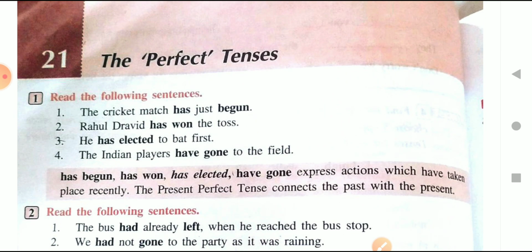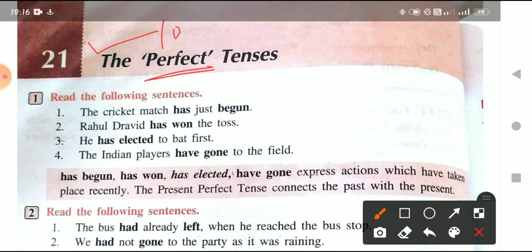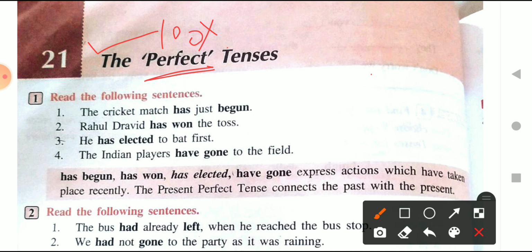Now let's move on to the perfect tense. So now the topic that we are going to cover here in this video is the perfect tense. Perfect means an action which is 100% complete. Okay, a complete action. So here, see some examples. The cricket match has just begun.